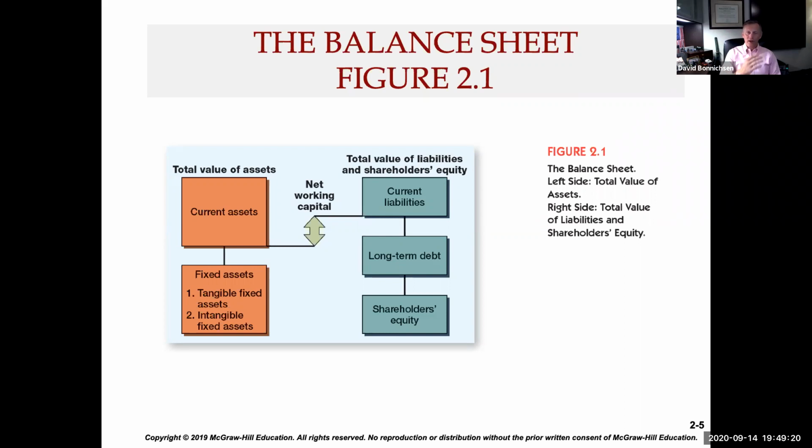So all of this will come full circle as we work through the Heritage Doll case. If you have questions, feel free to hit the chat room. I've got it up so I can pay attention to what's going on. Okay, bottom line here. Assets equals liabilities plus equity. That's what you need to know.